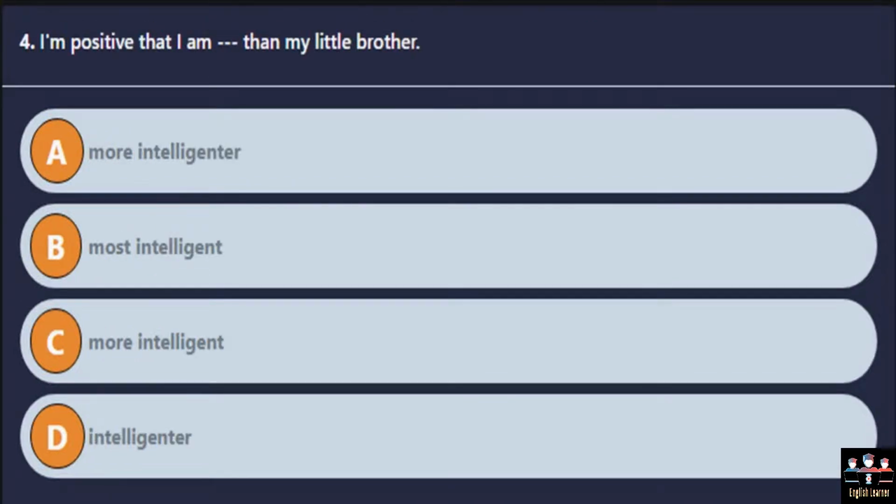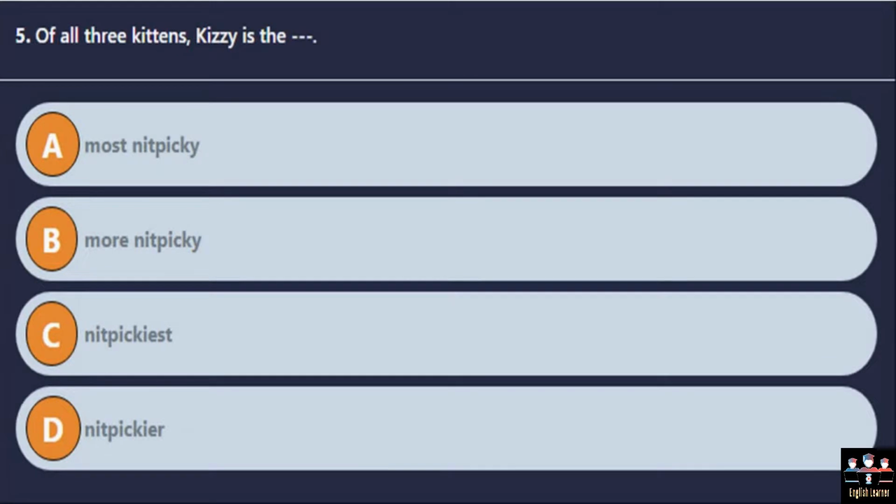Number 4. I am positive that I am dash than my little brother. A. More intelligenter. B. Most intelligent. C. More intelligent. D. Intelligenter. Number 5. Of all 3 kittens, Kizzy is the dash.